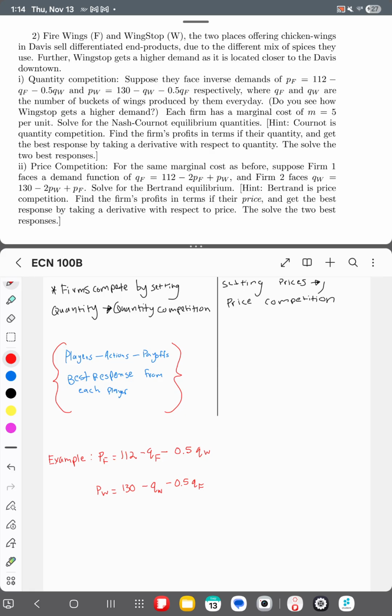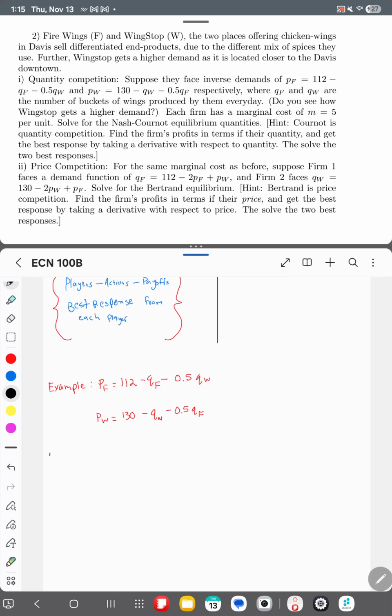Now, the outcome from my decision doesn't just depend on what I do, but also depends on what the other guy does. And that's what makes it a game. Now think about how we always think of a game. For a game, we need to have players. It's clear who the players are. It's Firewings and Wingstop. We need to have actions.